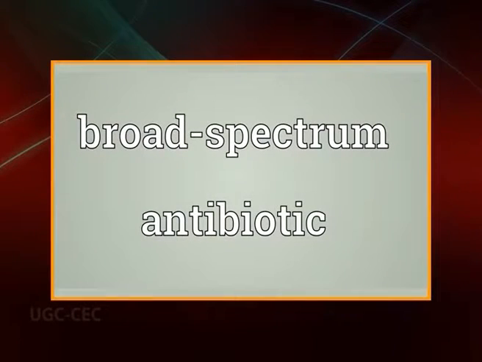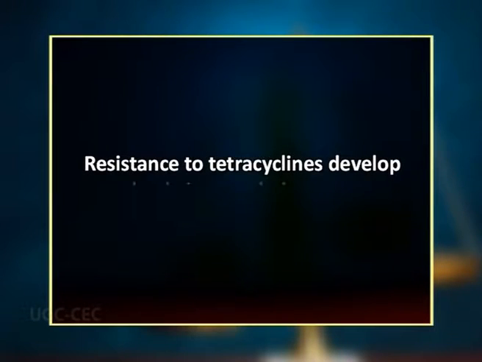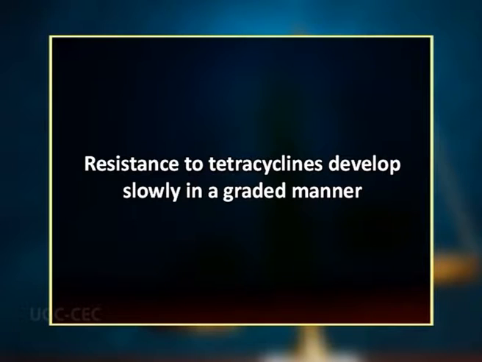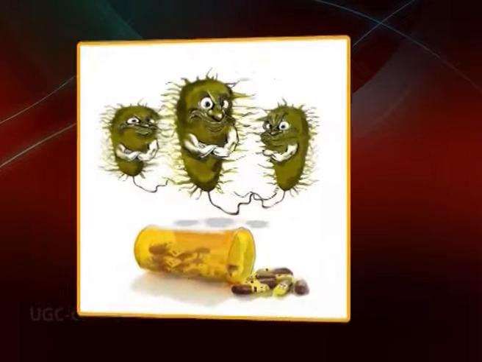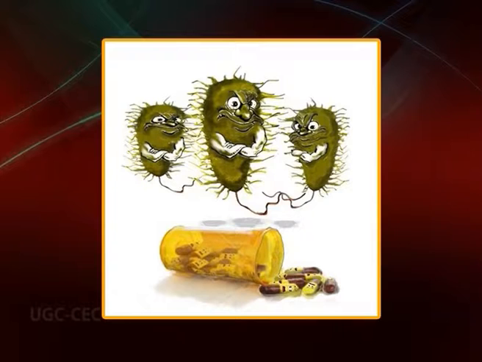When originally introduced, tetracyclines inhibited practically all types of pathogenic microorganisms except fungi and viruses, hence the name broad-spectrum antibiotic. Resistance to tetracyclines develops slowly in a graded manner. In such bacteria, usually the tetracycline concentrating mechanism becomes less efficient or the bacteria acquire the capacity to pump it out.